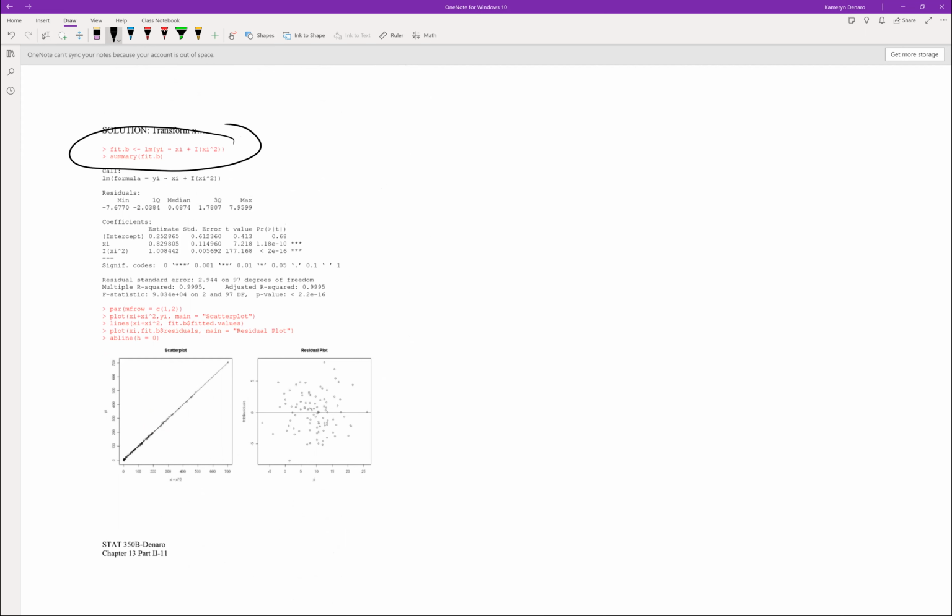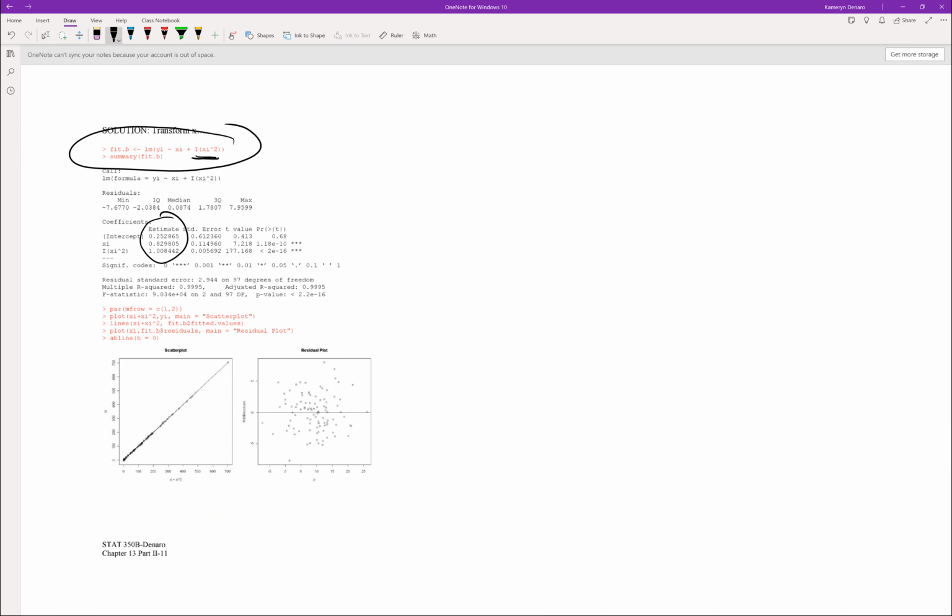And when we fit that model, all of a sudden, things look a lot better. We're going to have this indicator function with the xi squared that's telling us to add an xi squared into our model. And when we look at these estimates, those are giving us slope estimates close to 1 for both the xi and the xi squared.